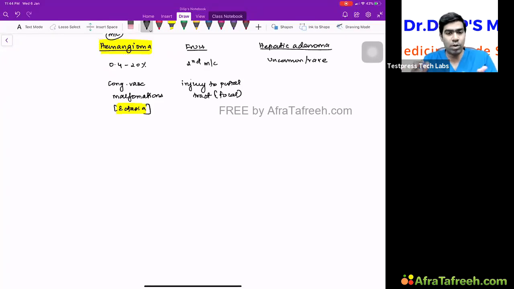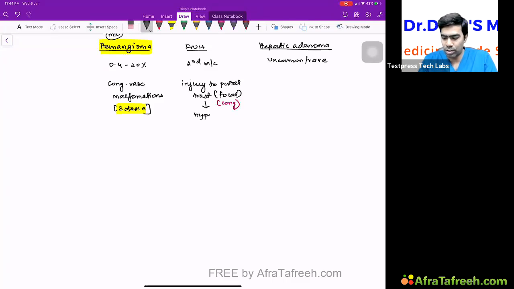So it must probably be a focal injury, which typically is congenital in nature, a congenital injury to the hepatic tract, or probably due to a congenital anomaly, which produces hypoperfusion to the hepatocytes. And this hypoperfusion will result in a hyperplastic response. And especially at birth, this kind of response is very common. Hypoperfusion leading to hyperplastic response.